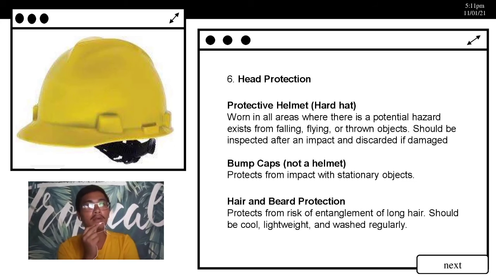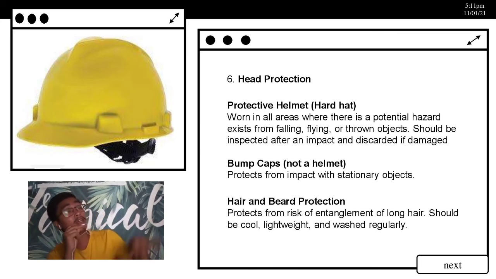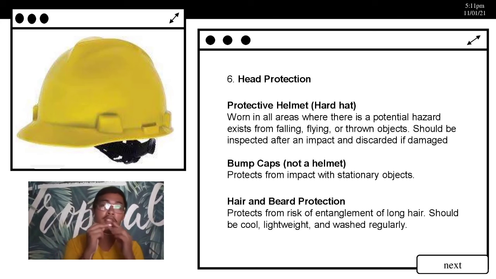So the next one is the bump caps. It is not a helmet. Why? Because it only protects you from impact with stationary objects. So what are these stationary objects? These are objects that are static only, like for example a wall clock or a picture frame.